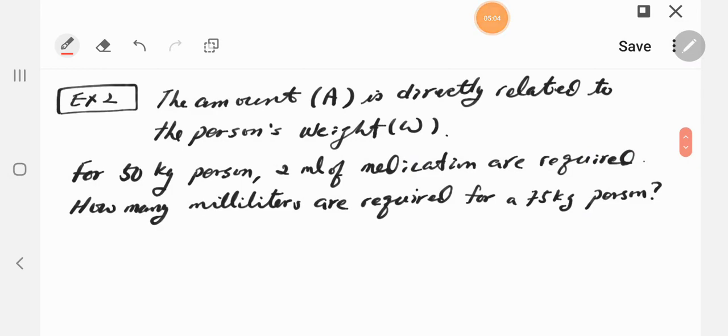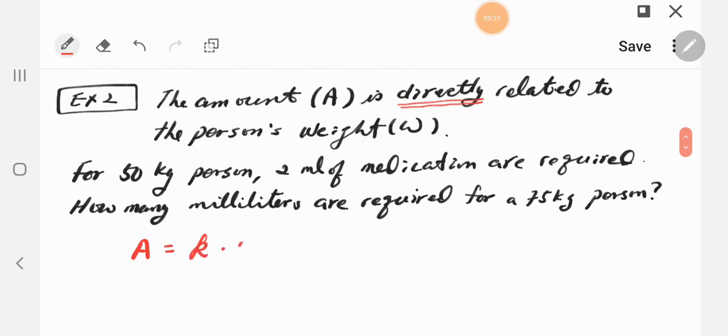All right, for this example, the amount A is directly proportional, directly related to a person's weight. So this is direct variation, so the equation will be, not y, the amount A. A is directly proportional, so A is equal to k times what?